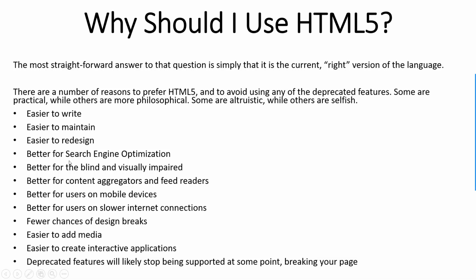And these are the important features for why anyone would use HTML5: it's easier to write, easier to maintain, easier to redesign, better for search engine optimization, better for the blind and visually impaired, better for content aggregators and feed readers, better for users on mobile devices, better for users on slower internet connections, fewer chances of design breaks, easier to add media, easier to create interactive applications.